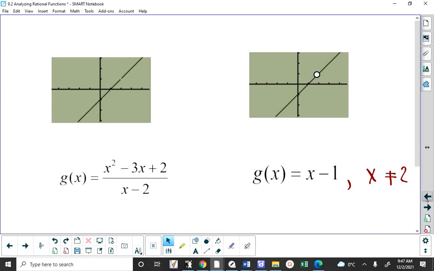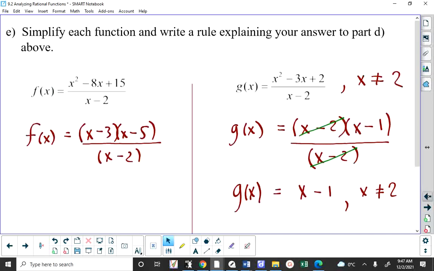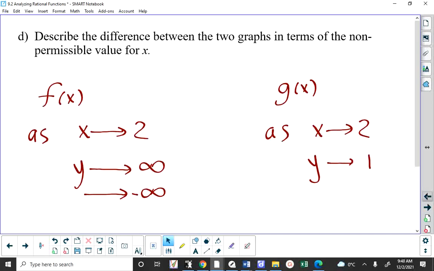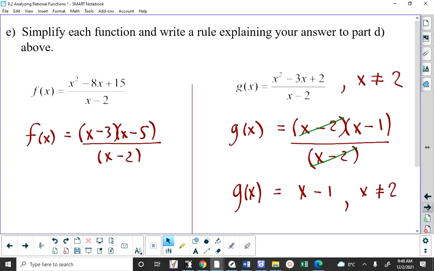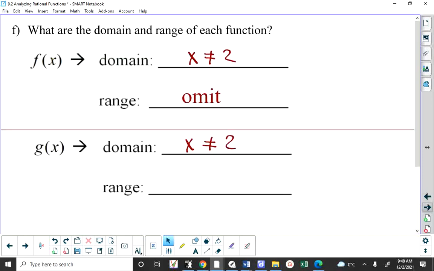And it's the place that y was approaching when x was approaching 2. As x was getting closer to 2, which it's not allowed to reach, y was getting closer to 1. And if x can't reach 2, y can't reach 1. In other words, your range for g of x is y cannot equal 1.